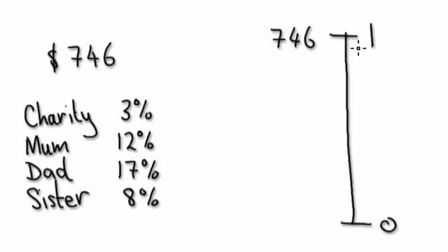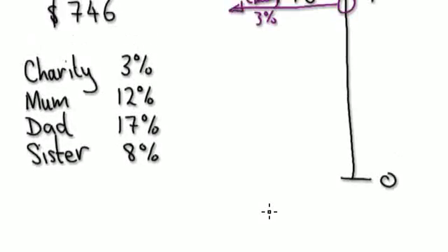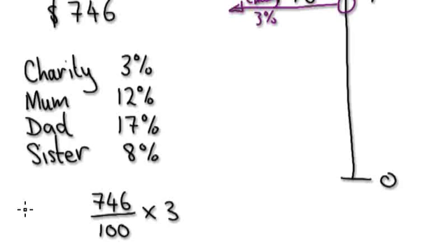Your whole amount is $746. You're going to give a tiny amount to charity, 3%, 3 pieces. So this part goes to charity, and that's 3%. What that means is, your whole amount, which is 746, split it into 100 pieces, and then remember you're giving 3 pieces away, so you times by 3, because this represents 1 piece.